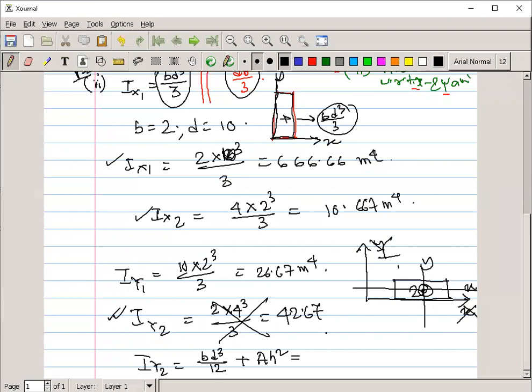First find out the area. Area is 2 into 4, no confusion about that, right? And h is what? This is called h. This is 2 and this is 4 total, so this is also 2. So h is 4 for the present case also.